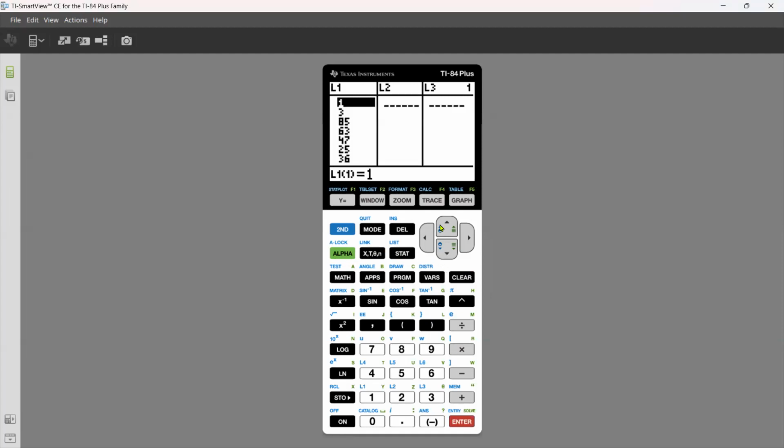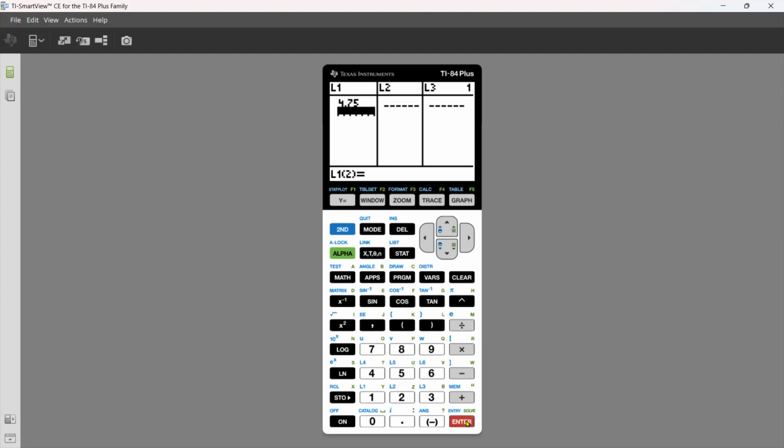This data was old, so I'm going to erase it from my list. I'm going to put the X data in L1, the Y data in L2. I'm reading these off screen, but these are the same that I used earlier.